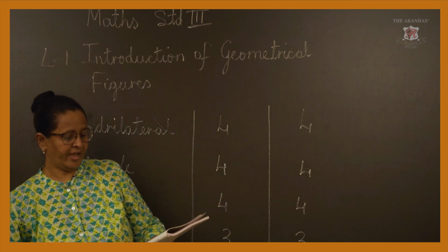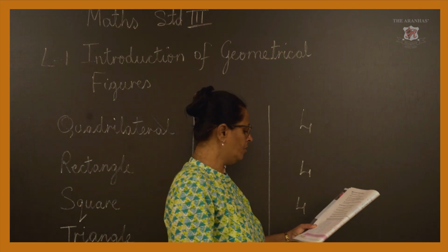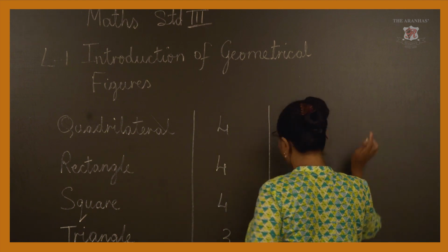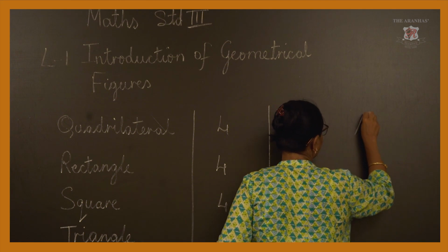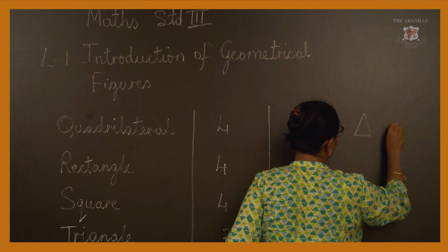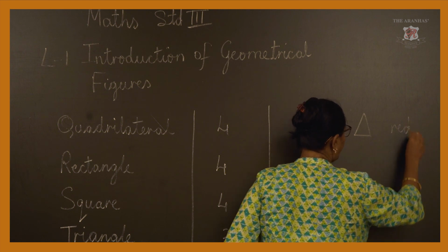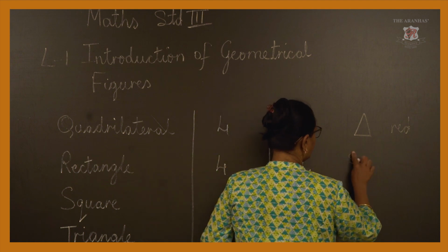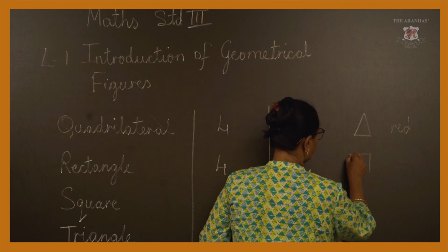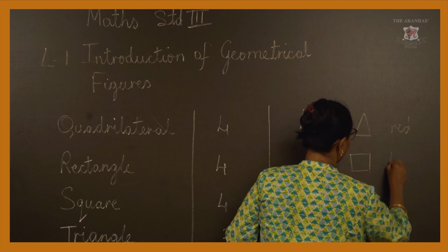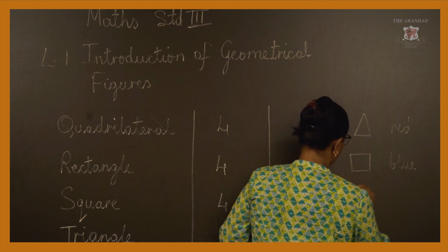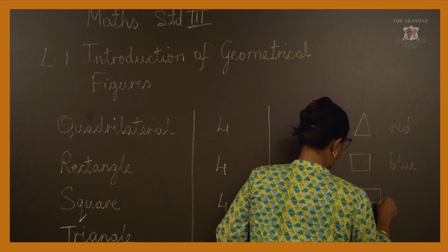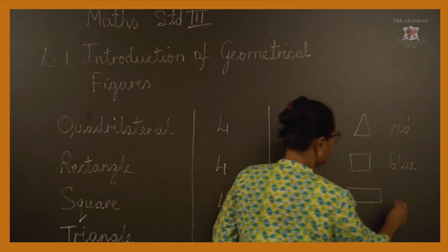Here they have asked you to color the triangle in red. Then the square in blue. And your rectangle in green.